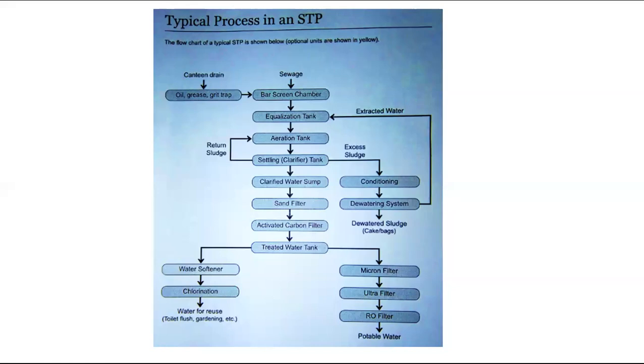This is the pre-filtration. If you have any further solid material in the water, it will filter. Some modified multimedia filters, media filters, are also used. This is the typical arrangement. This is the traditional method of STP, so that's why they put a sand filter here.